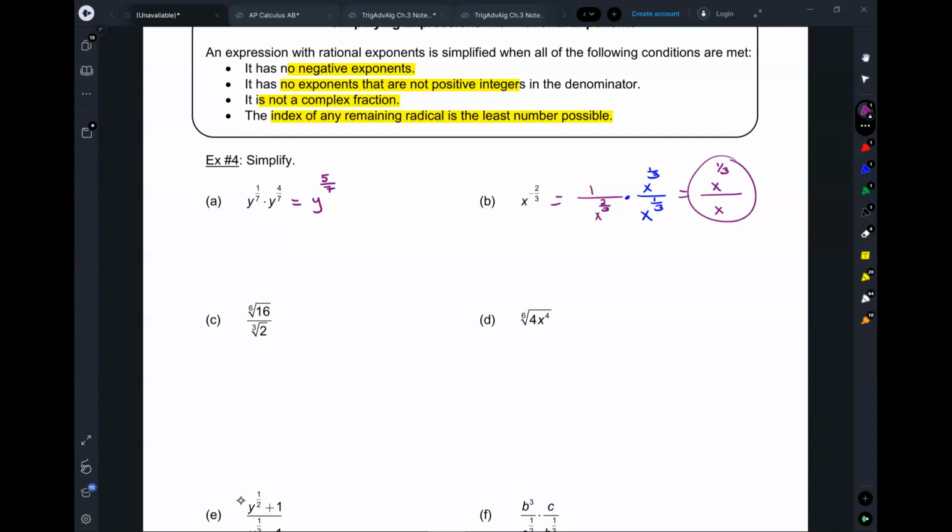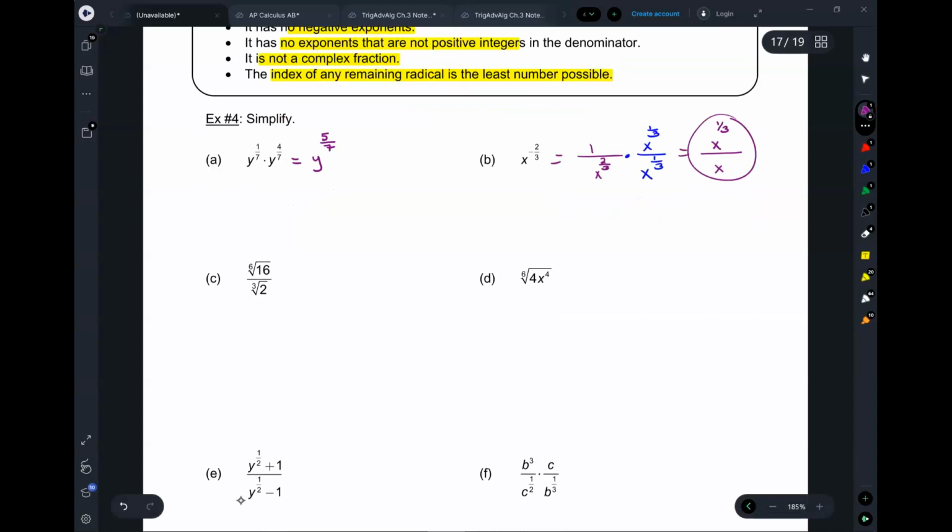Okay, next one. You have the 6th root of 16, but 16 is made up of a whole bunch of 2's. So let's do this. This is the 6th root of 2 to the 4 over the cube root of 2. Okay? Now, can we simplify that further? We actually can.